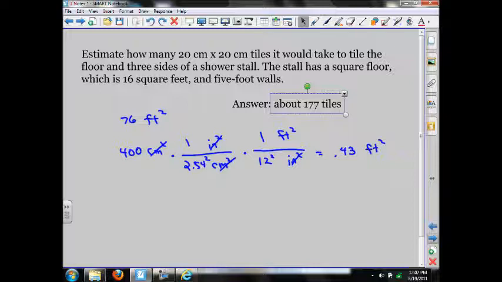It should be more than 6 on this side. You can get it that way also. Everybody good with how we did it up here? I think that's going to be the fastest way of doing it.